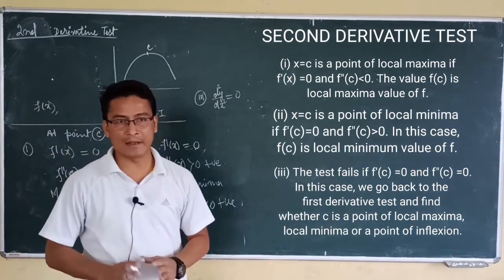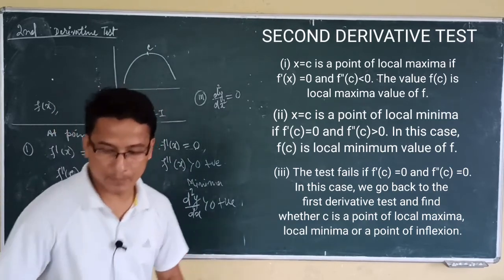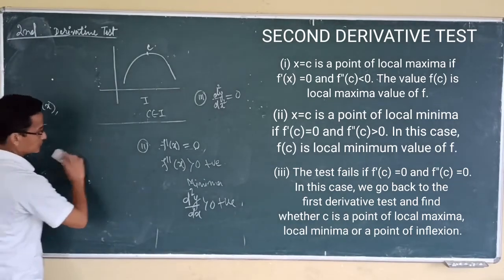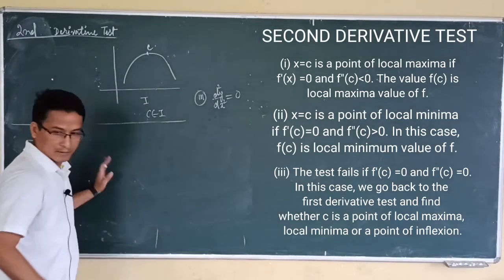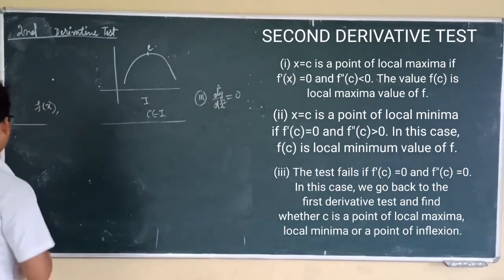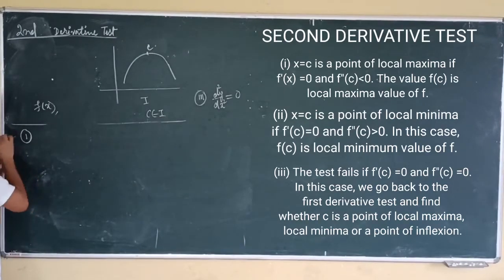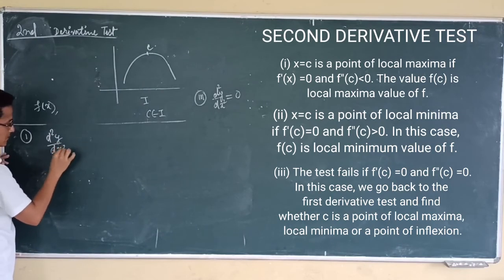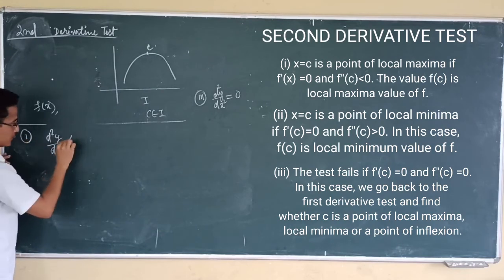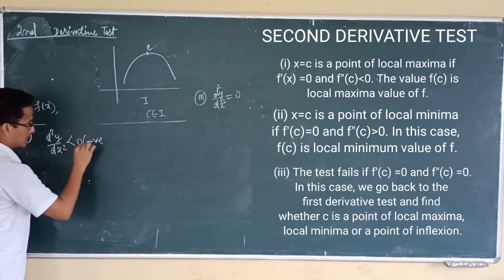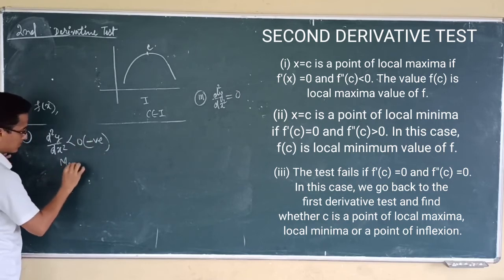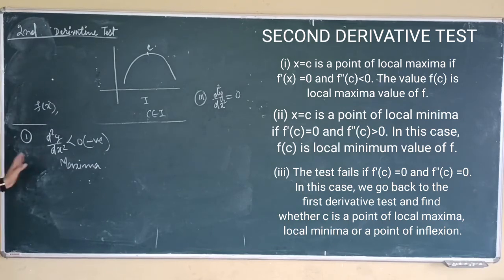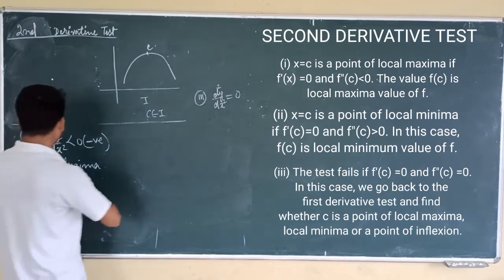Once again I repeat it. Condition number one: if you get the value of d square y by dx square negative, then we call it the local maximum value of the function.